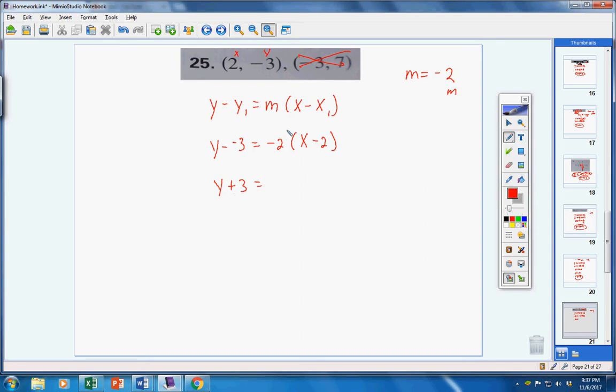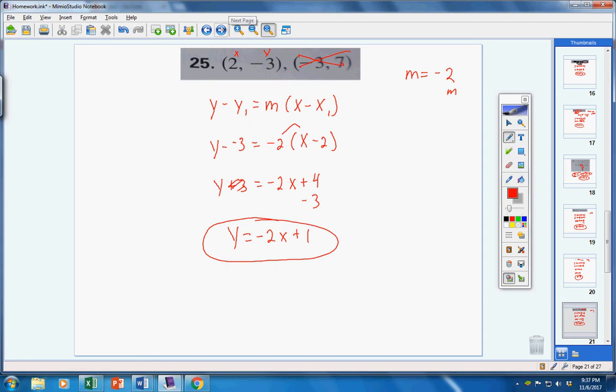Negative 2 times x is negative 2x. Negative 2 times negative 2 is positive 4. Bring the 3 over, make it a negative 3, and we're left with y equals negative 2x positive 1. So the equation of the line that passes through these 2 points here is this.